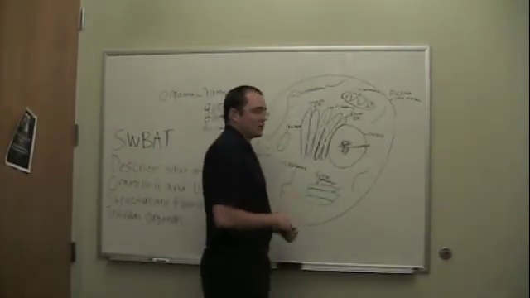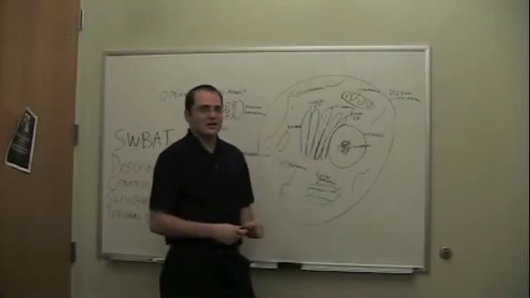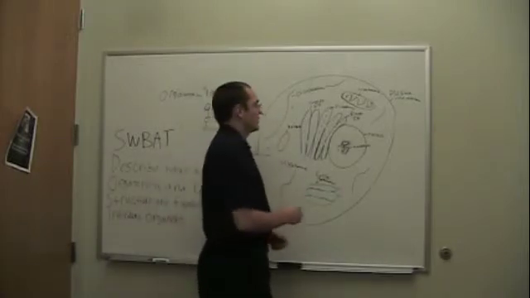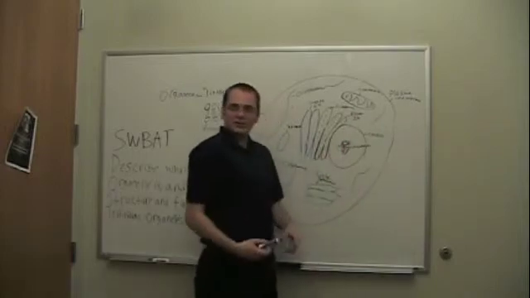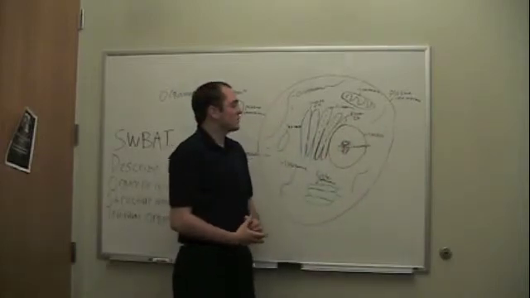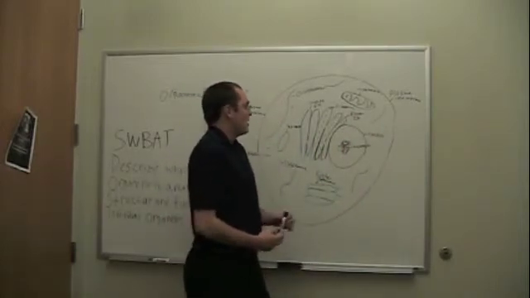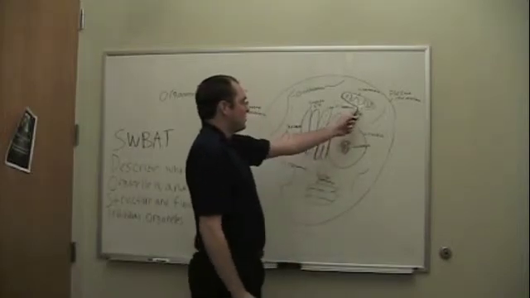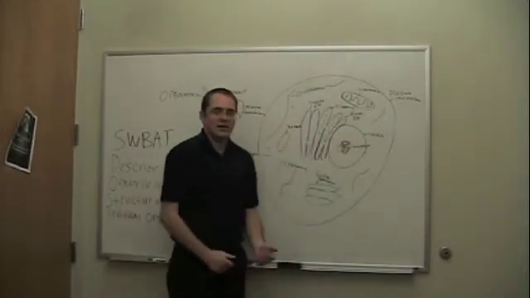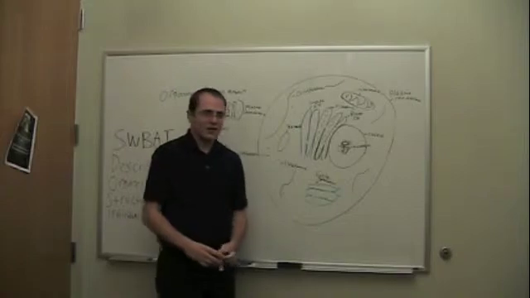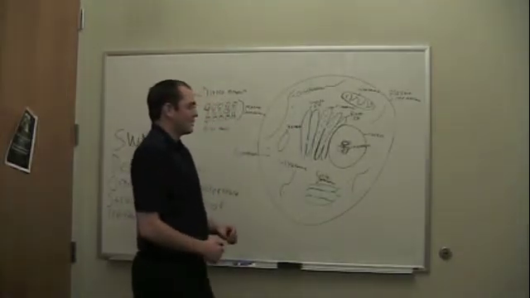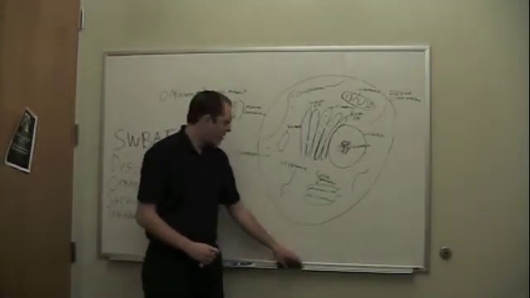And the mitochondria's job is to supply the cell with its power. So it functions to create ATP molecules, which is the source of power for the cell. And then it uses that ATP so that the cell has enough energy to function and do all of the great things that we know cells do.